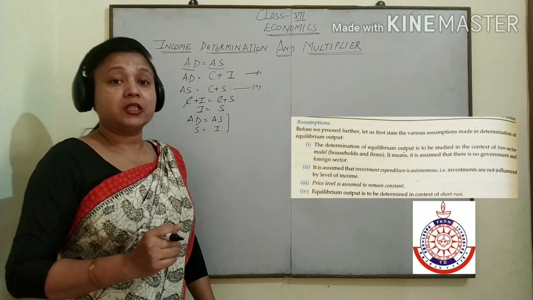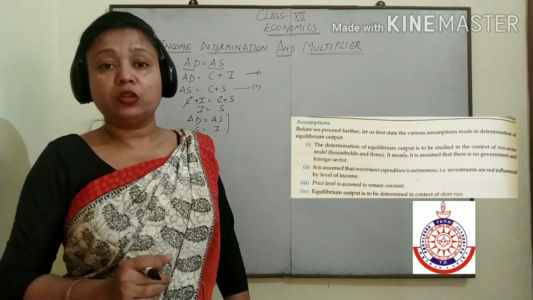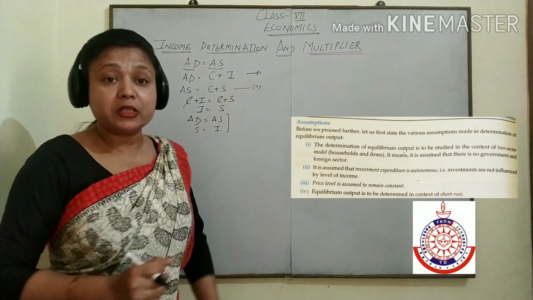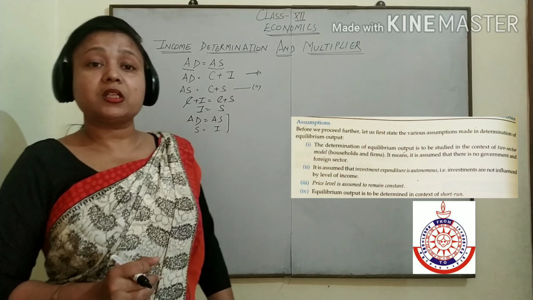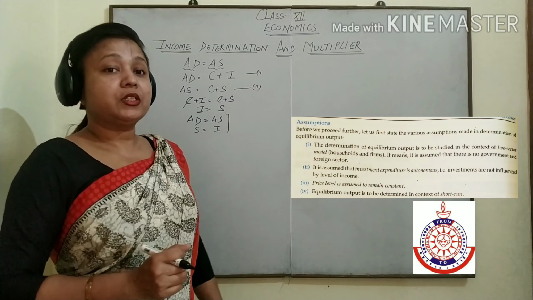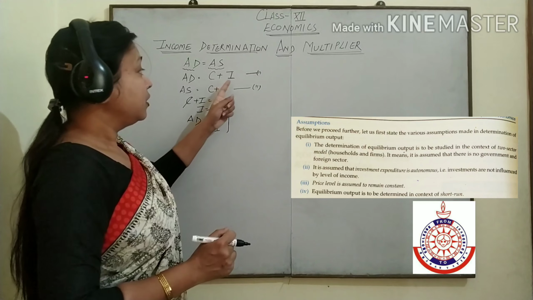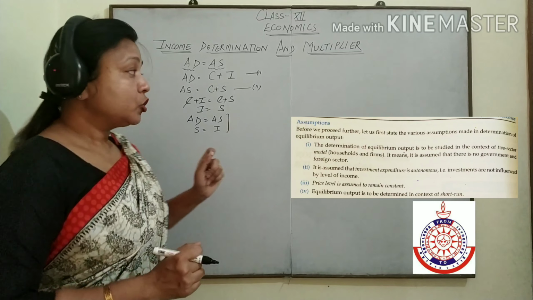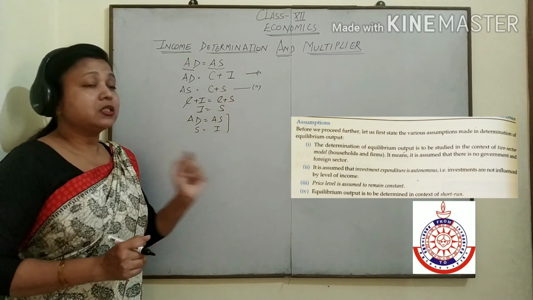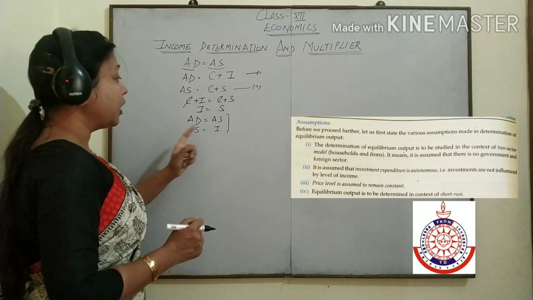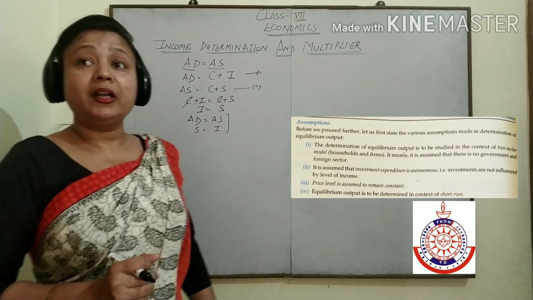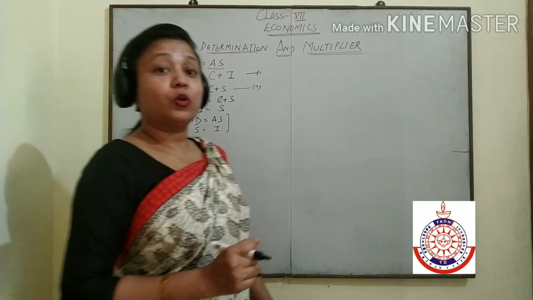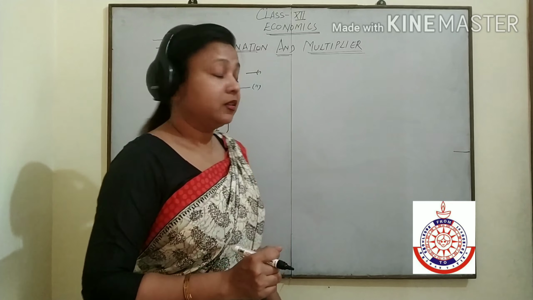Second assumption is price remaining constant. And third is we are taking autonomous consumption. Autonomous consumption is that consumption which does not depend on the level of income. It will be constant. So on the basis of all these assumptions, we apply the aggregate demand, aggregate supply approach, and the saving equal to investment approach.